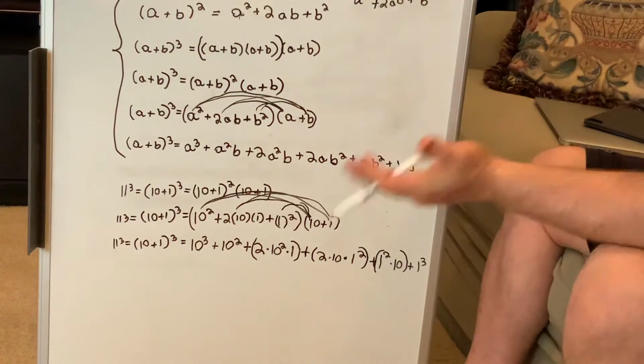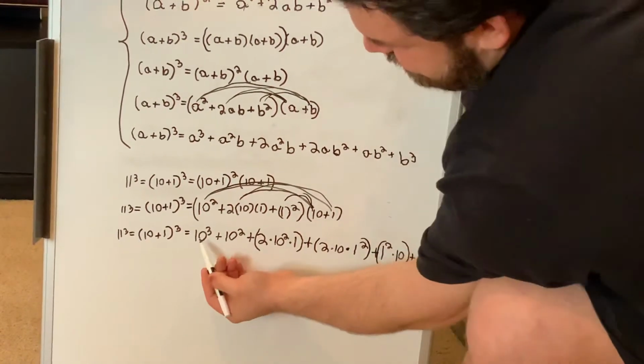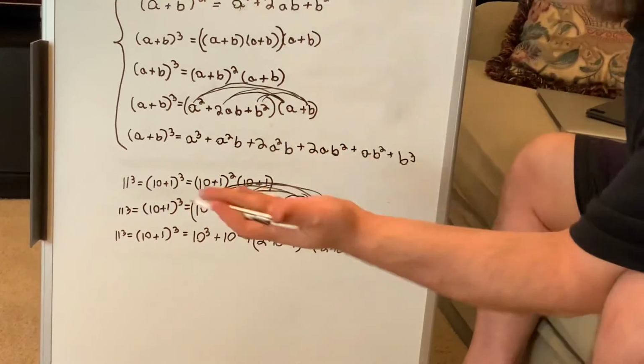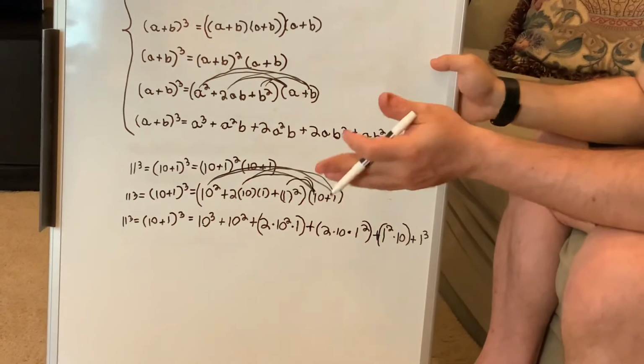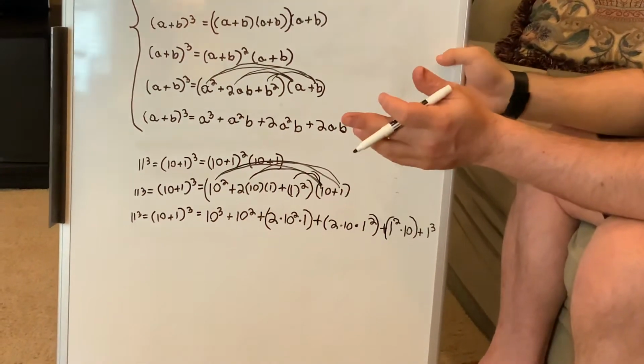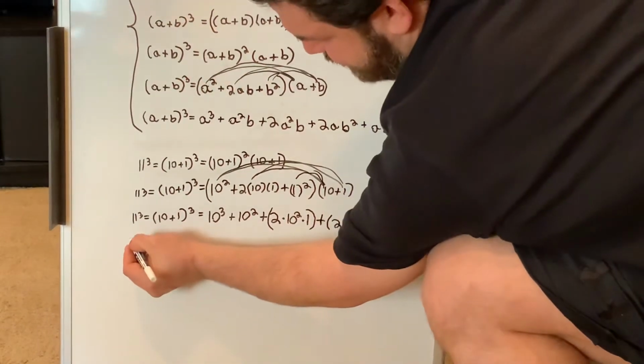All that is left for us to do is to go from 10 cubed to the actual number. What is 10 cubed? Well, 10 times 10 is 100. 100 times 10 is 1,000. So this is 1,000. So we're going to write another line here.